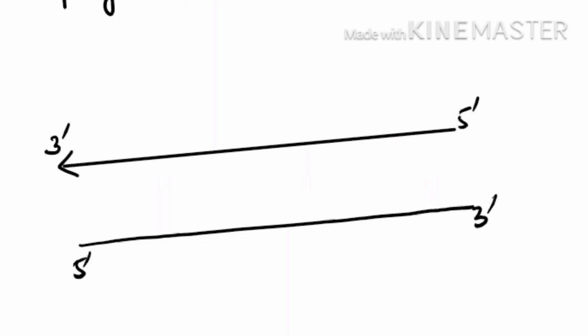Now see here, when you draw the DNA, always remember, please, we have to put an arrow towards the 3 dash. So this is 3 dash here, and this is 5 dash, so you are putting the arrow towards 3 dash. Now see one thing, if here A, T, A, T, A is present, then this area is identified as a promoter.